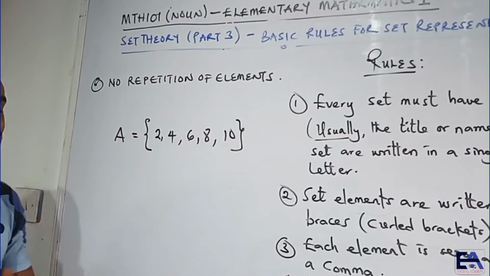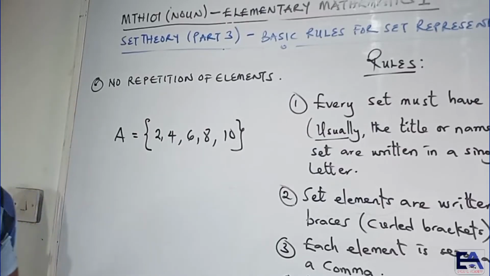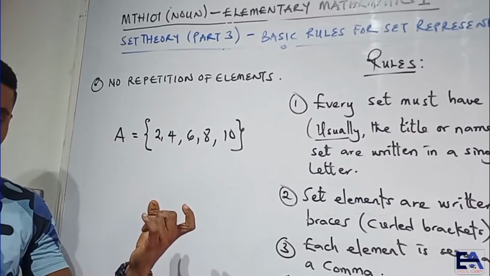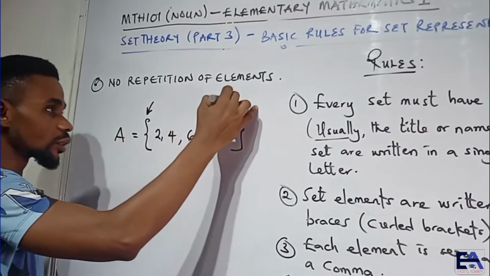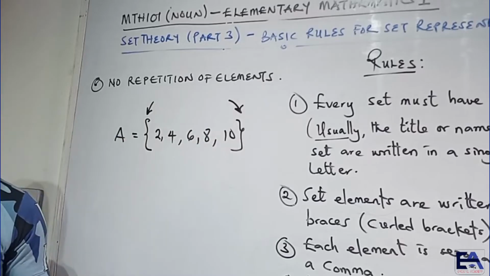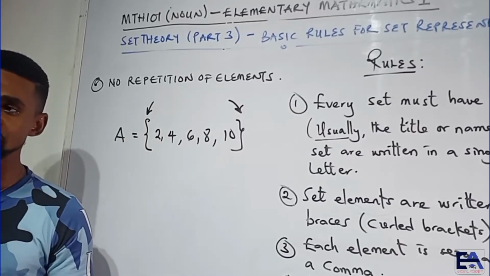Even if it is in set builder form, it must also be written in braces. This alone mathematically tells us that we are dealing with a set, even if it is not explicitly stated.